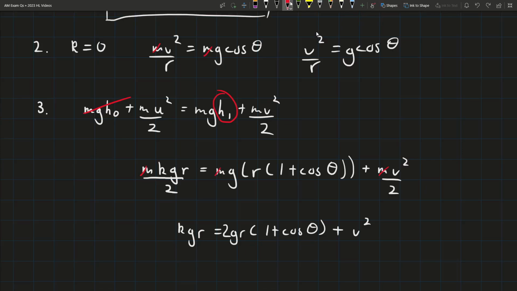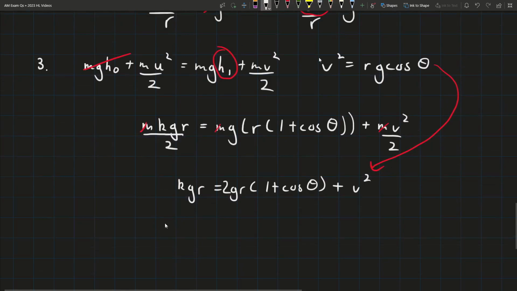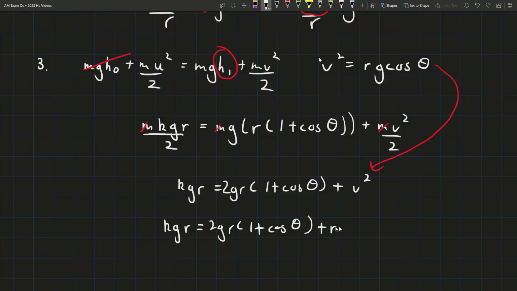Now, in our equation up here, the v squared is what's causing the problem. So if we solve for v squared, we can say that v squared equals r g cos theta. We can put this in place of this v squared. So we can write that kgr equals 2gr times (1 plus cos theta) plus r g cos theta, because that's the same as v squared.